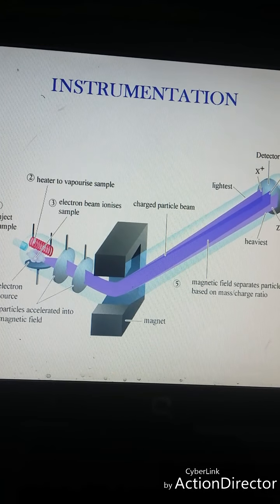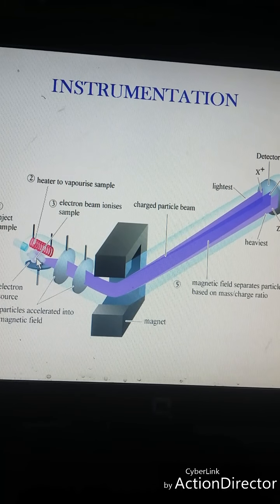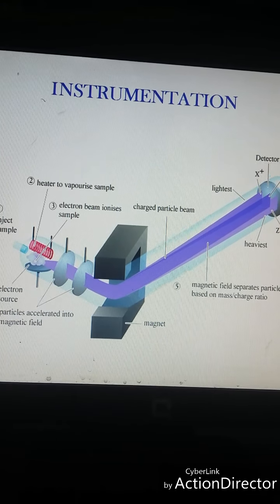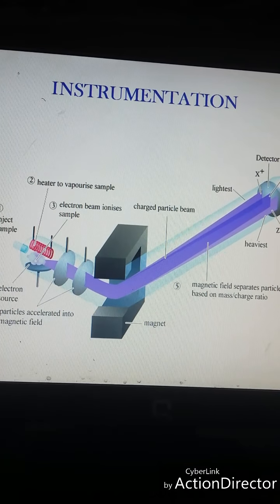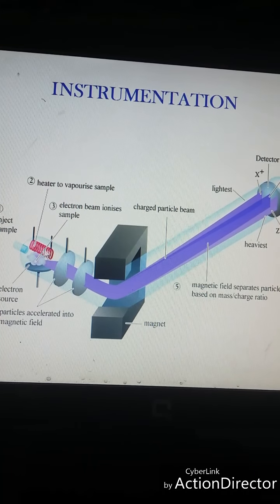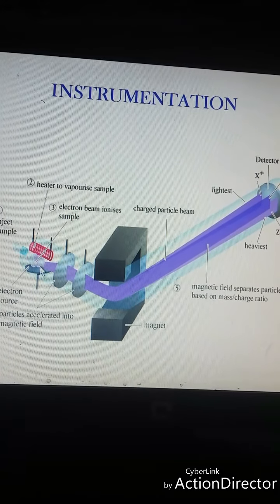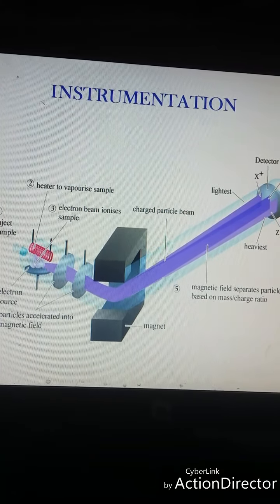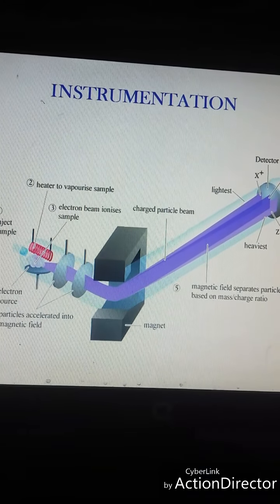Then in the ionization chamber, there will be a beam of high energy electrons from the electron gun, and that will bombard the vapors. When high energy electrons bombard the vapors, they produce the molecular ions, which further fragment and give you daughter ions and the neutral fragments.